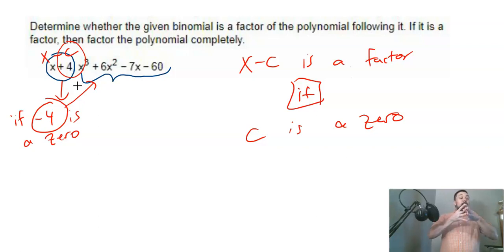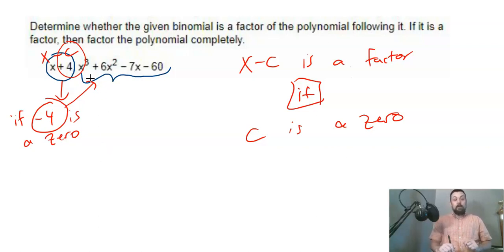And so if we're going to have to do a division anyways, we might as well use division to check to see if negative 4 is a 0. Negative 4 being a 0 means it would make this equal to 0, which would be the remainder that we should get when we divide these two.